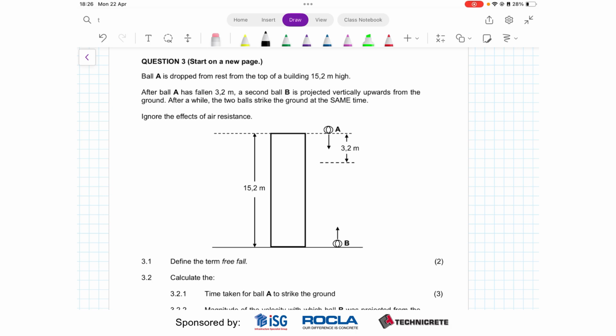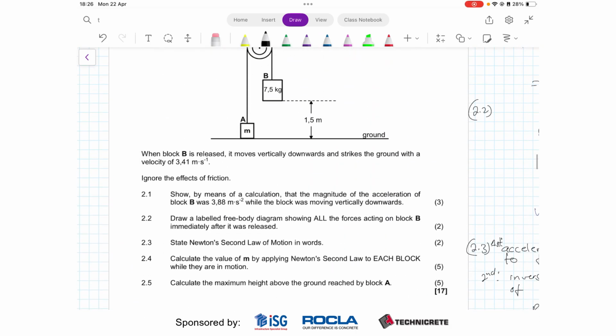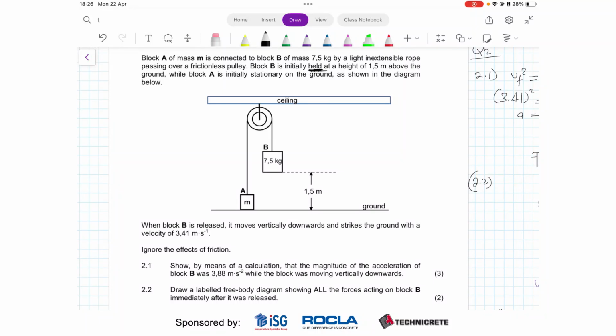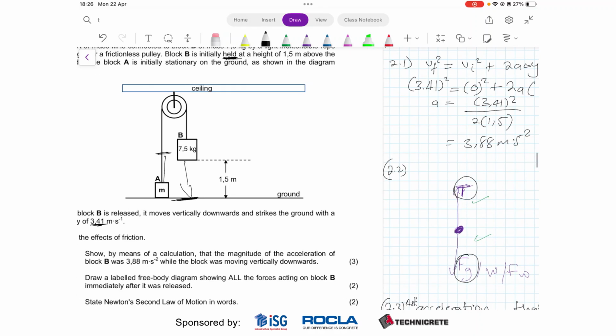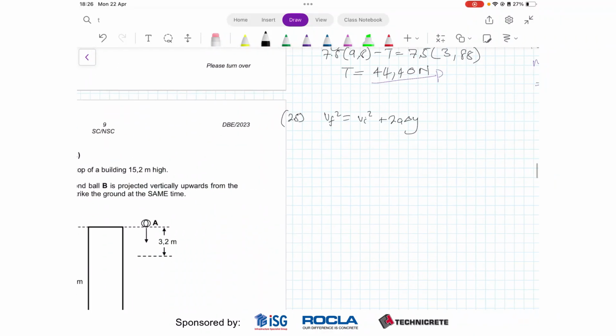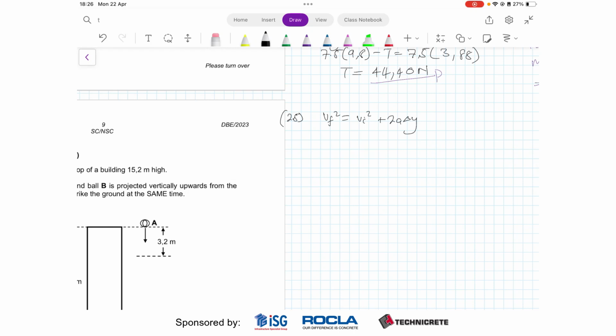Our final velocity in this case will be 0 because remember, for the period of motion, when block B reaches the ground and becomes stationary at a speed of 3.41 meters per second, block A also went up at a speed of 3.41 meters per second. So block B's final speed is block A's initial speed, okay?